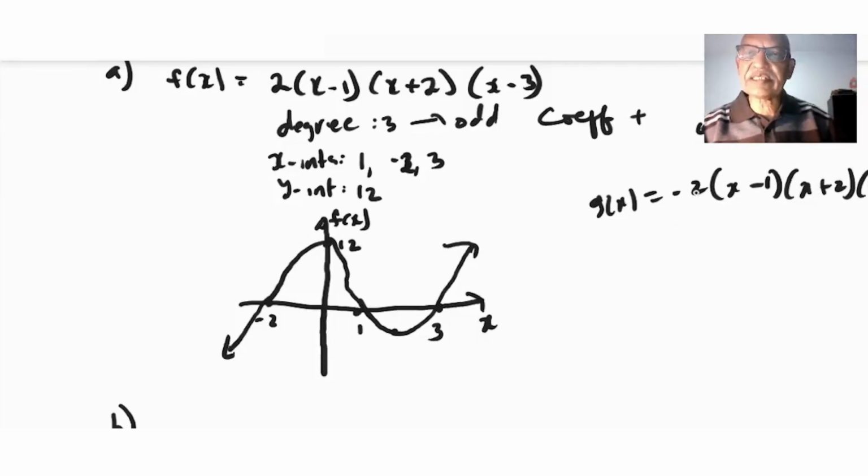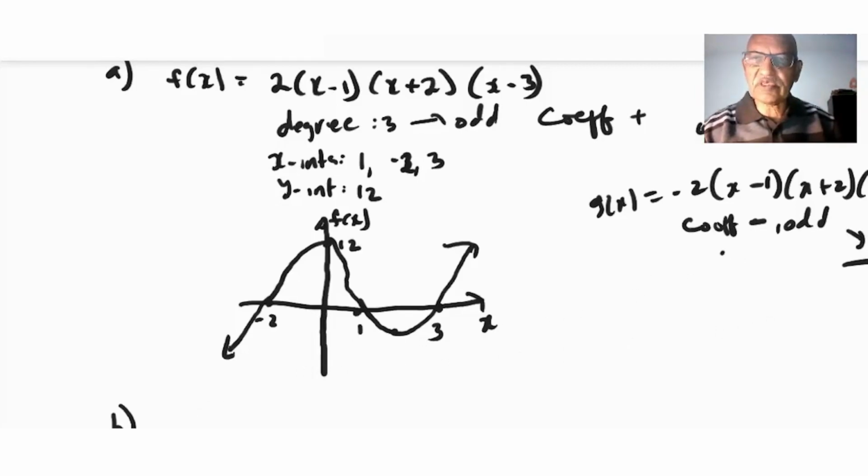The x-intercepts are the same. The coefficient is negative 2 times negative 1 times 1 times 1 times 1, so the coefficient is negative. Therefore, with a negative coefficient and odd degree, the graph always extends from quadrant 2 to quadrant 4.